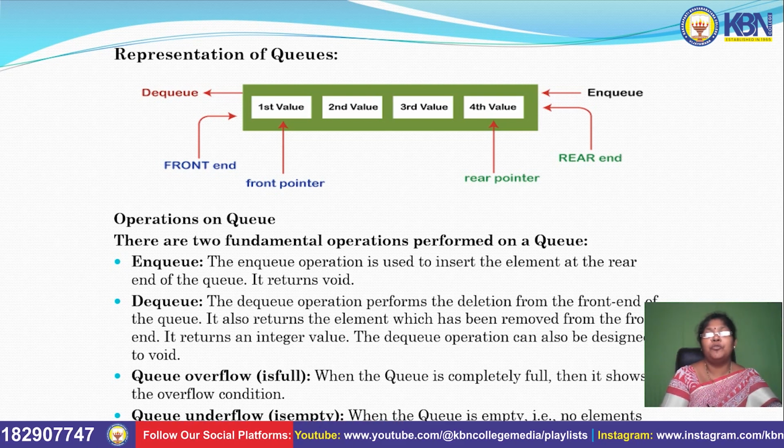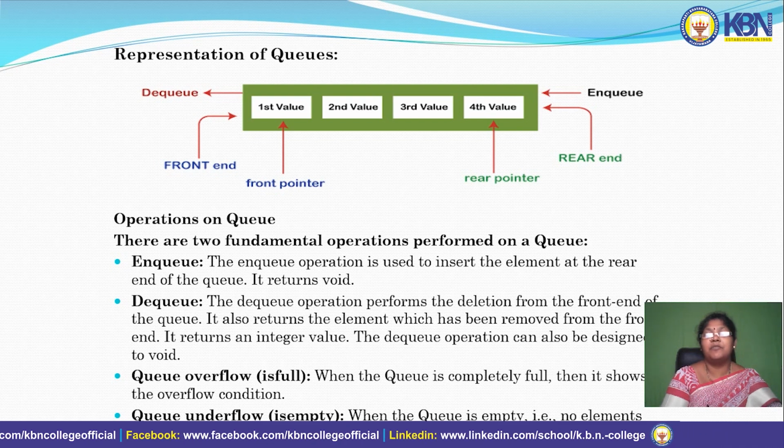NQ means the operation to insert an element in the array, and we can delete elements using DQ. DQ means we are deleting an element in the queue at the front only.